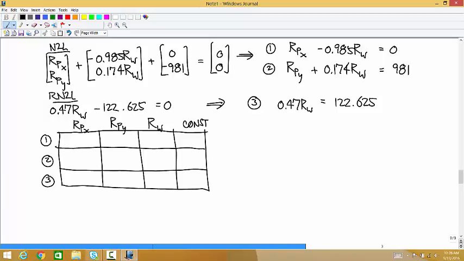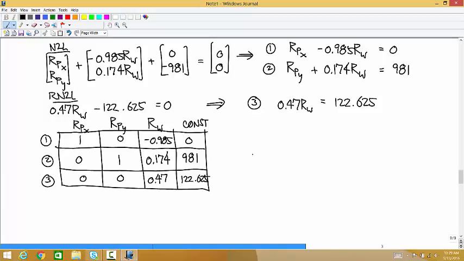So the first equation says RPXs, we have 1. RWs, we have negative 0.985. The other two are 0. Equation 2 says RPYs, we have 1. RWs, we have 0.174. Constants, we have 981. And everything else is 0. And then the third one says RWs, we have 0.47. Constants, we have 122.625.